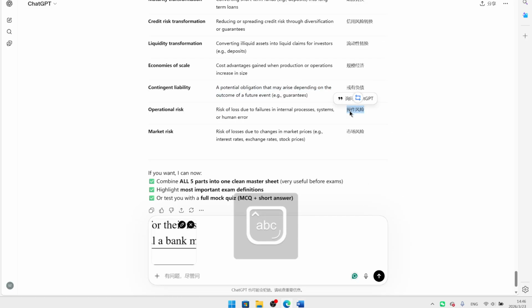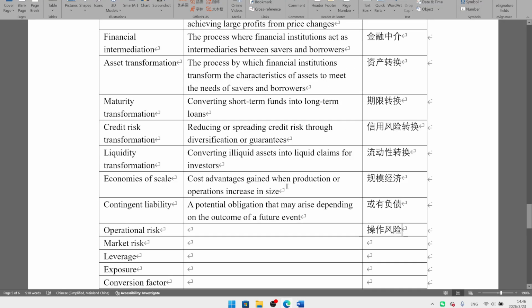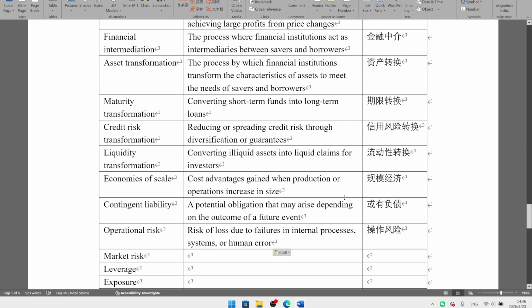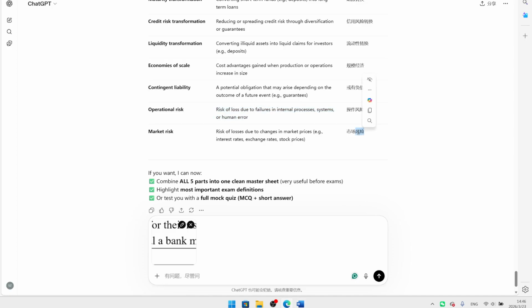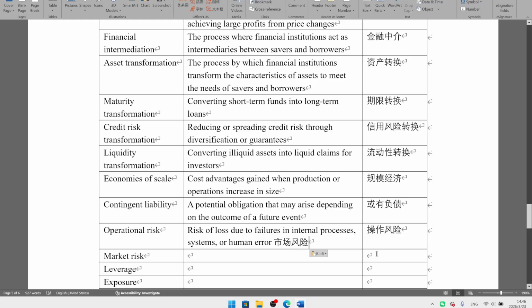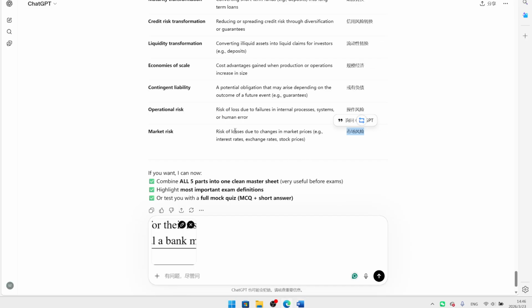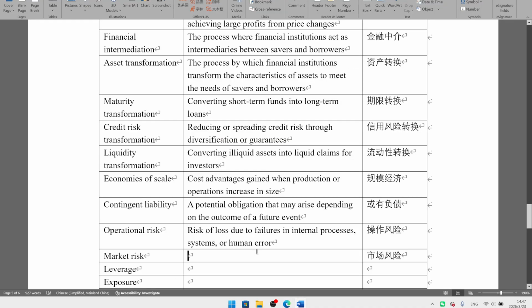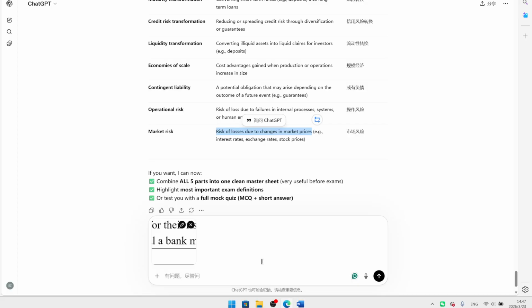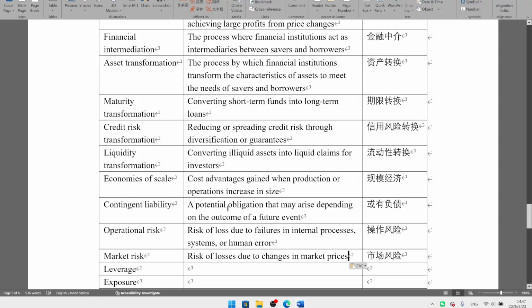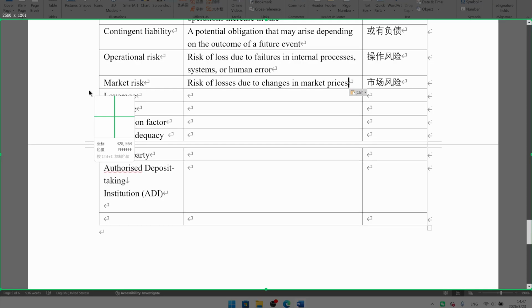Operational risk is the risk of loss due to failure in internal processes or human errors. Market risk is the risk of loss due to changes in market prices. Correct. Next few parts.